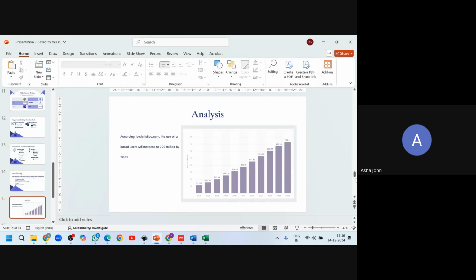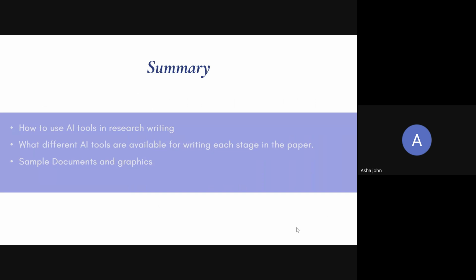You can use that. Now, if you are analyzing the use of AI from 2020 to 2030, in millions, 729 million users will be using AI tools to create their work. Lots and lots of AI tools are being introduced, and we are very much attracted to use them as well.